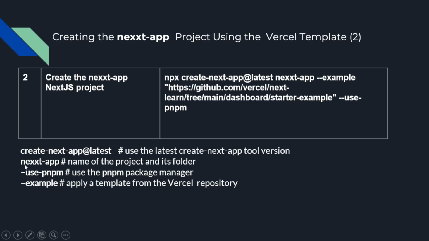Then next application will be the name of our newborn project and the name of its folder as well. Then we'll specify not use npm, but use pnpm. So use the pnpm package manager in our project, throughout our project.